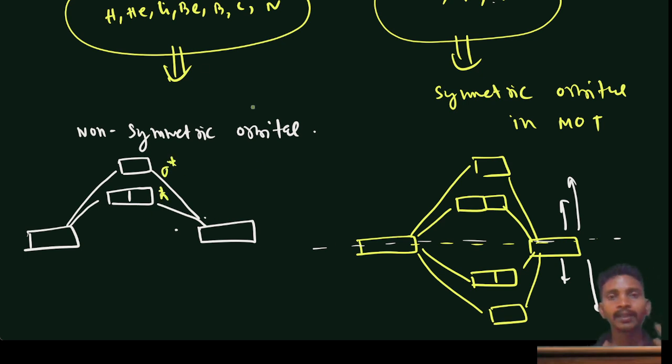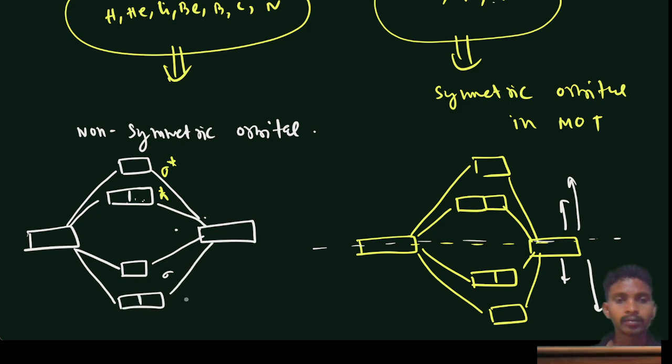And this is unsymmetric, so here we will not get this one. If we got this one, then this would be symmetric, but this is unsymmetric, so here we will get this one. That is sigma we will get, then we will go for pi.